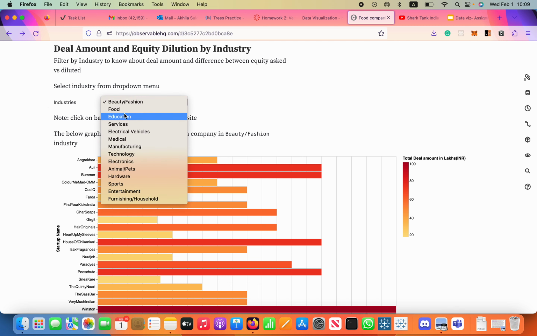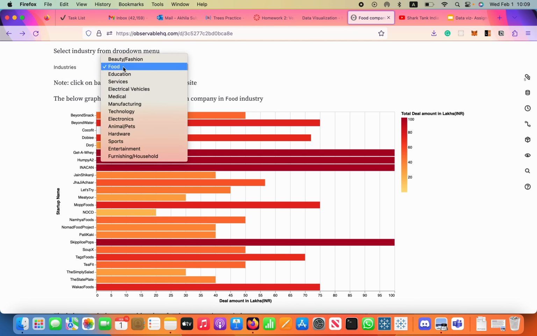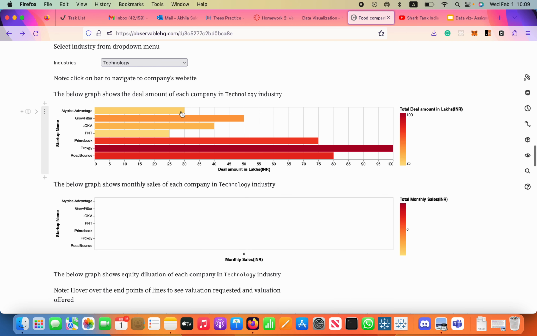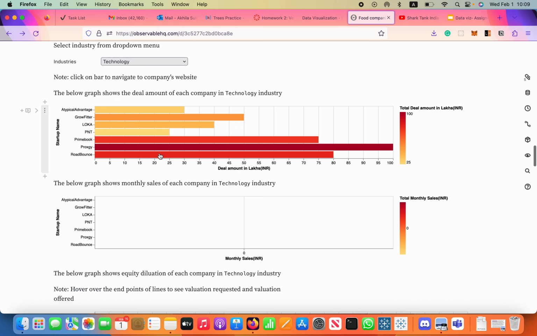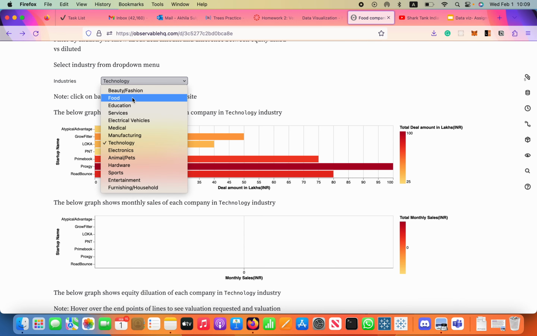Here, users can select their industry to know, and let's say we select the technology industry. They can see the deal amount in lakhs, which is INR expression, and then they can see monthly sales, but it looks like they did not have any monthly sales.